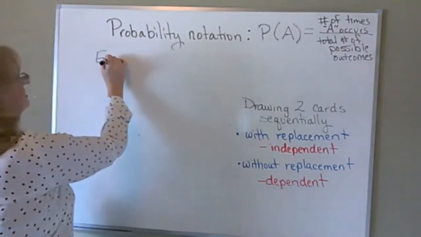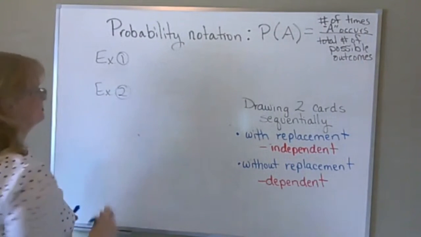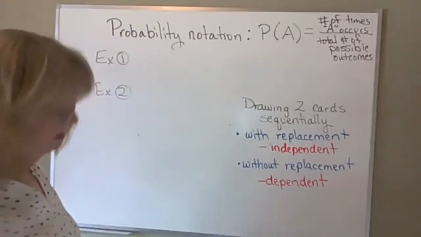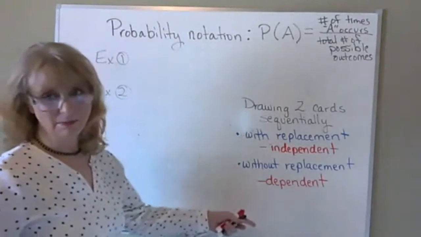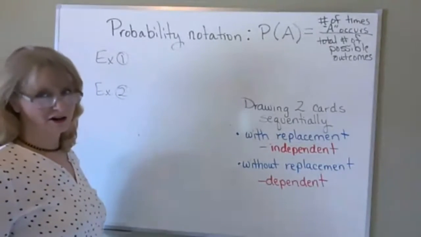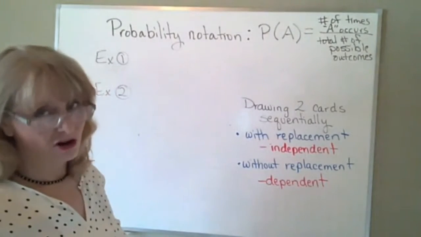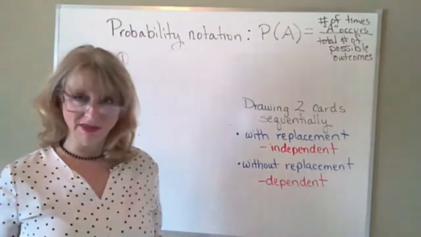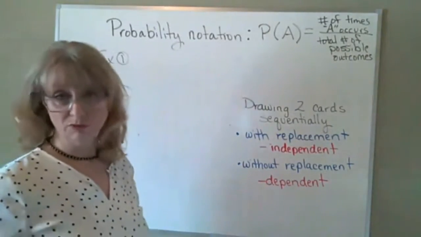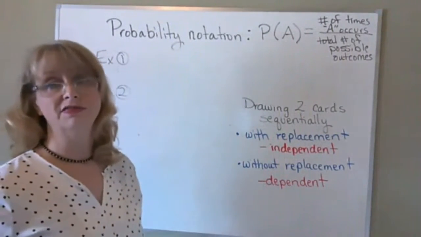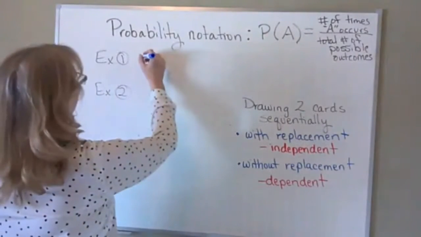So example 1, example 2. And they're going to give you some weird ones. I mean, this is like a probability experiment. You draw a card and then you draw another card. But sometimes they're just going to give you 2 ideas. They want you to think about, are these independent or are they dependent? Does the probability of one thing affect the probability of the other? Or does the occurrence, really we should say that, does the occurrence of one thing affect the probability of the other?